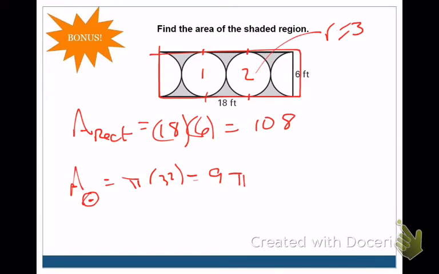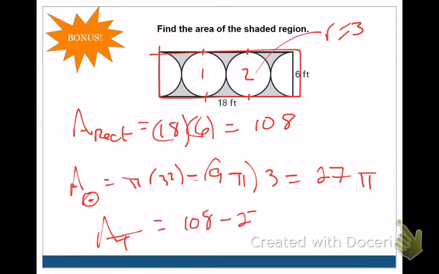But there's 3 of them. So I'll multiply this by 3 to get 27 pi. And so now I want to subtract, for the area of the shaded region, 108 minus 27 pi, which is about 23.2 square feet.